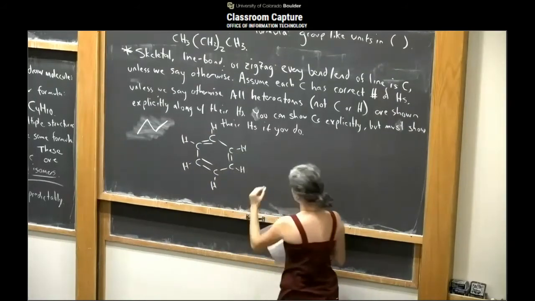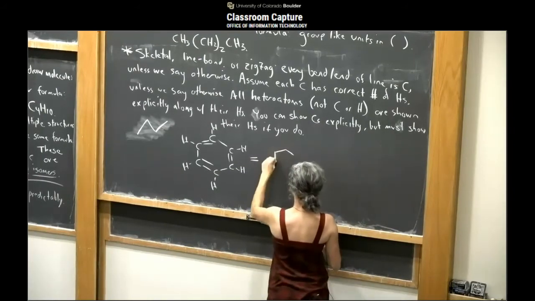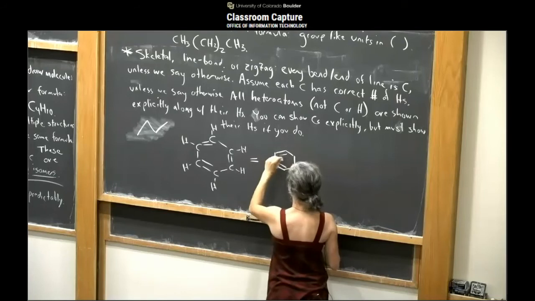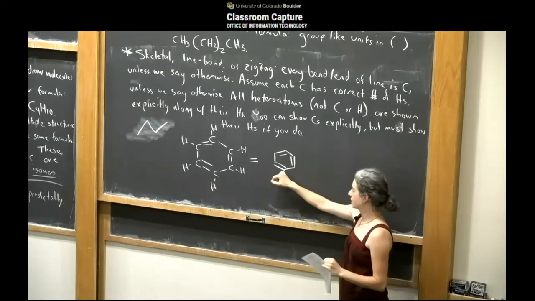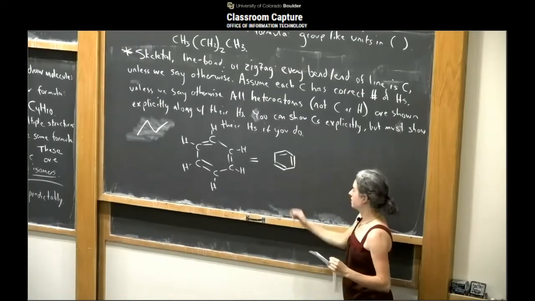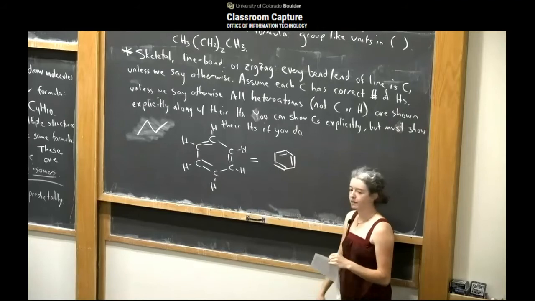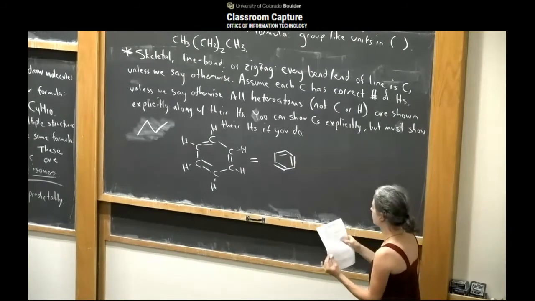Fortunately, I don't have to draw it because that is equivalent to that. I don't have to draw the carbons explicitly unless I want to, and I don't have to draw the H's explicitly. It's just a hexagon with some lines in the middle. Much easier.